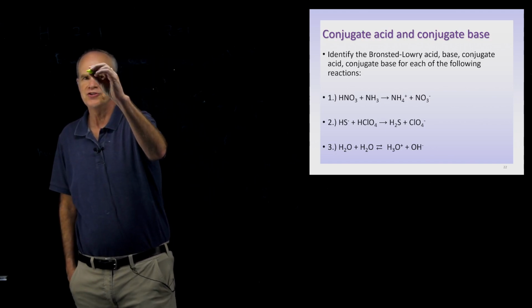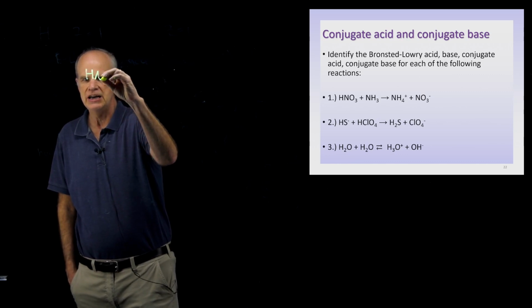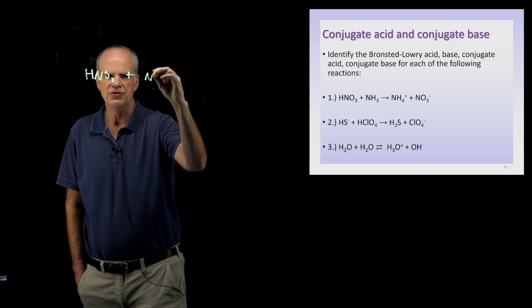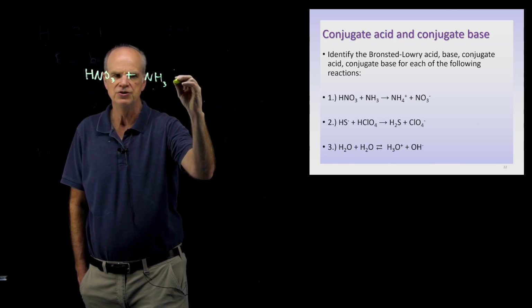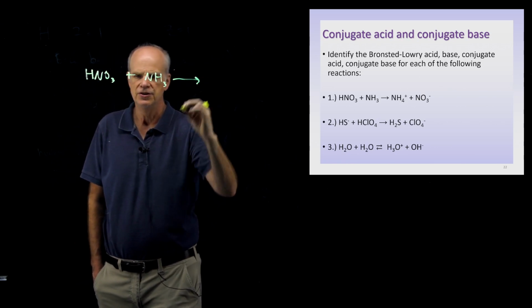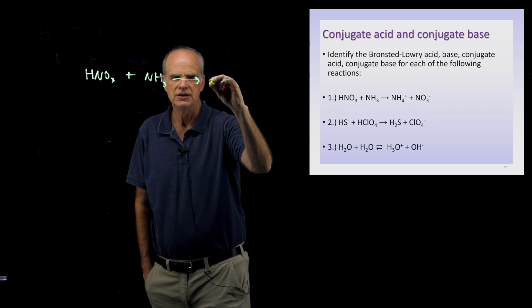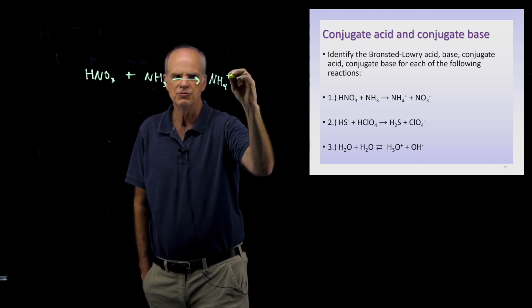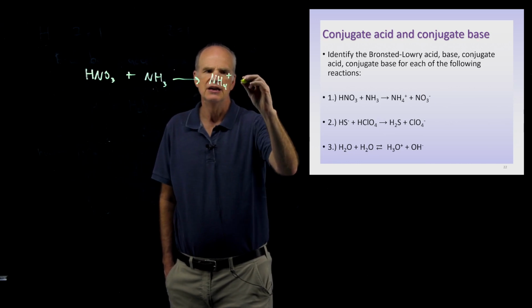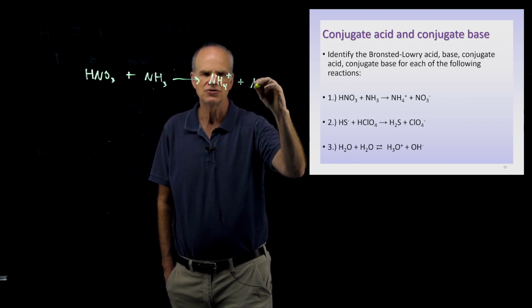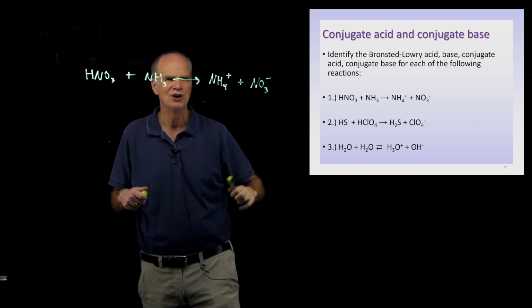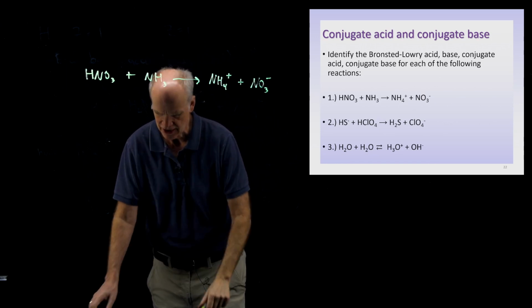In the first reaction, I have HNO3, which is nitric acid, and it's reacting with NH3, which is ammonia. And then they react, and they form NH4 plus, which is the ammonium ion, and we get nitrate ion, NO3 minus. And so you have to figure out what the acid, base, conjugate acid, and conjugate base are.